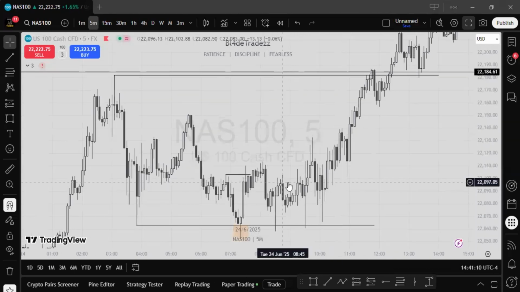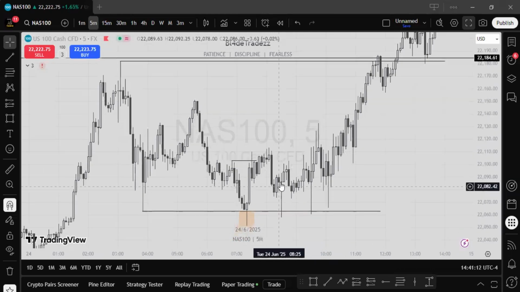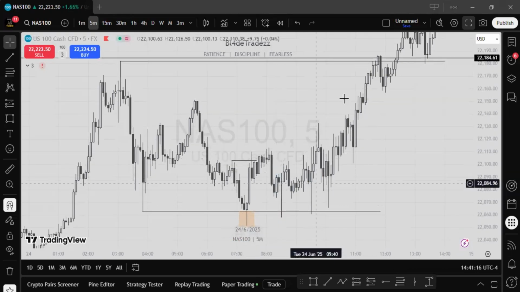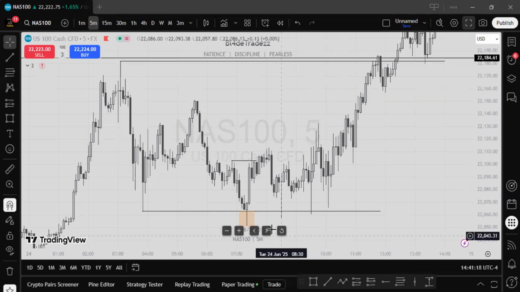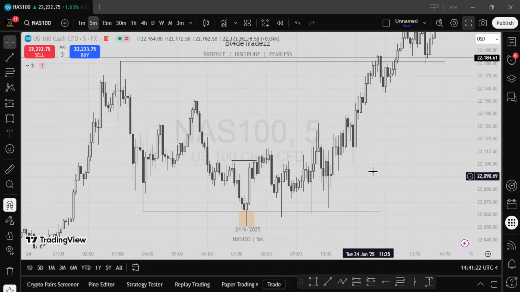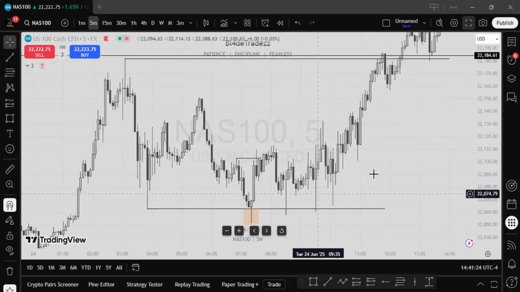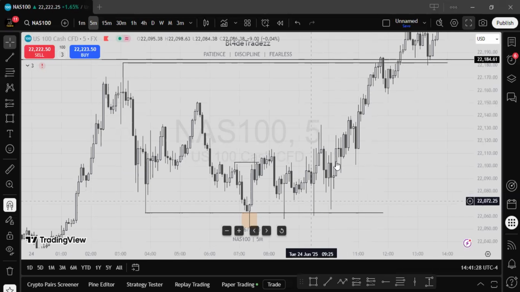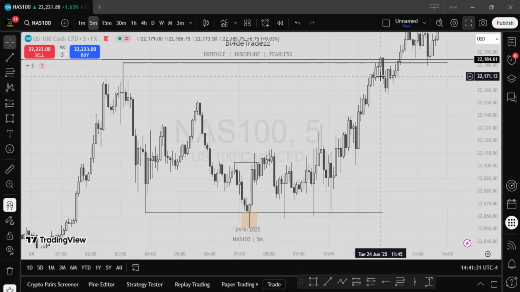But the price here was before New York session. That's why we didn't see any displacement, even though it had already tapped into this and also filled this fair value gap. So if time does not align with price, then we won't see that displacement.